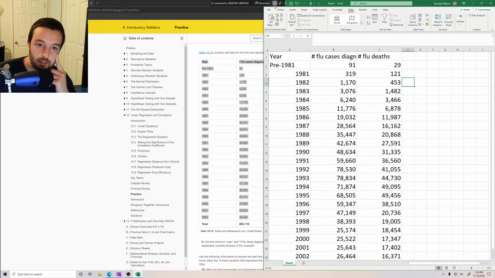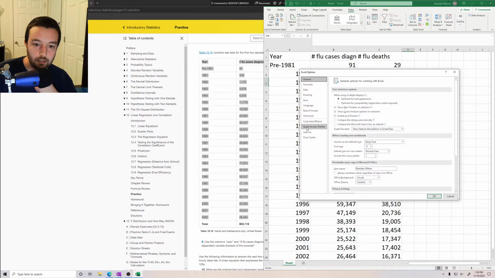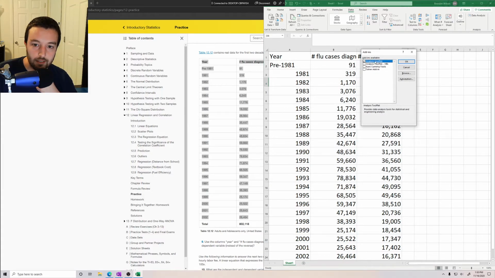One thing I did was, if you're going to be using Excel a lot for correlation, it's helpful to add in this thing called a data analysis tool. And the way you do that is you go to File, you go to Options, you go to Add-ins, you go to Excel Add-ins, you want to manage those. And the one you're looking for is the Analysis ToolPak. So this is built into Excel.